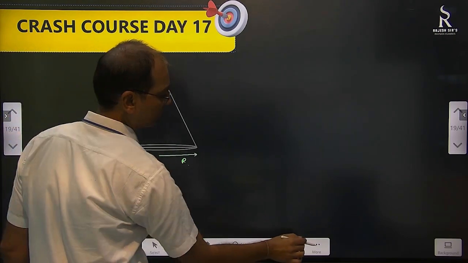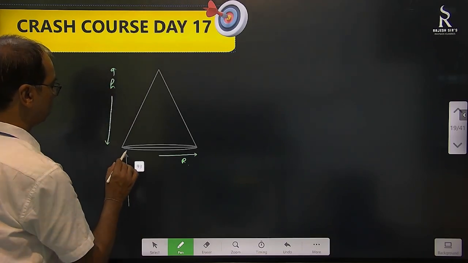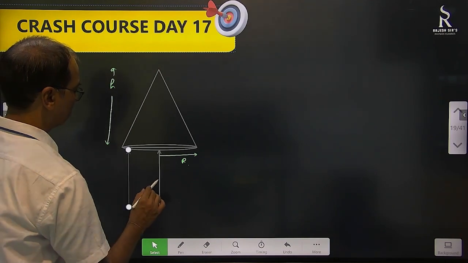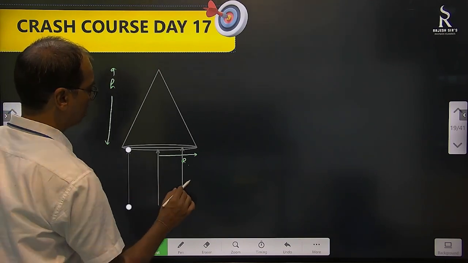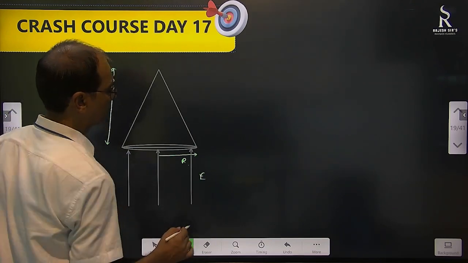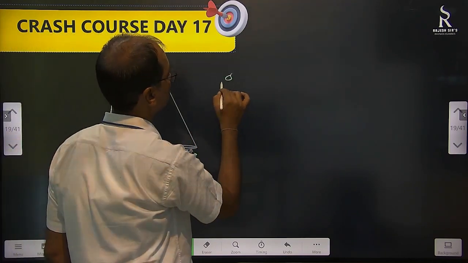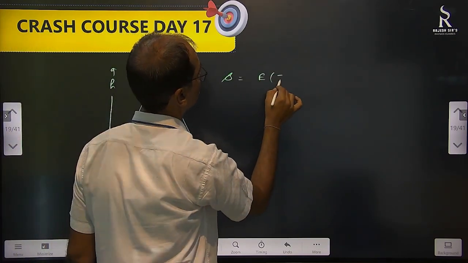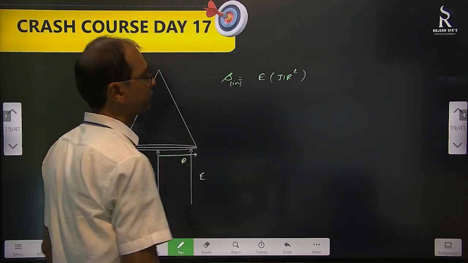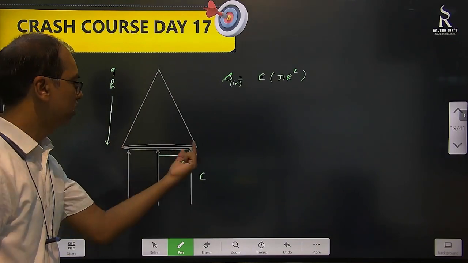Now in this one, if you want to know how much is the flux, this is the electric field. This is how the electric field is. What is the flux? The flux is E into pi r square. Which flux? We'll say the flux which is going inside. Flux going inside is E into pi r square. Pi r square is this area.